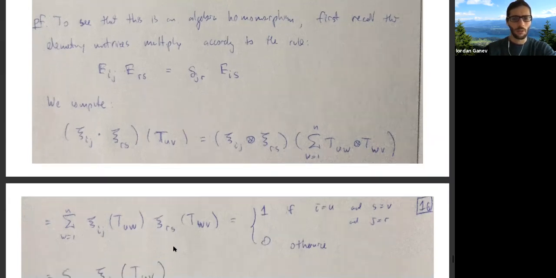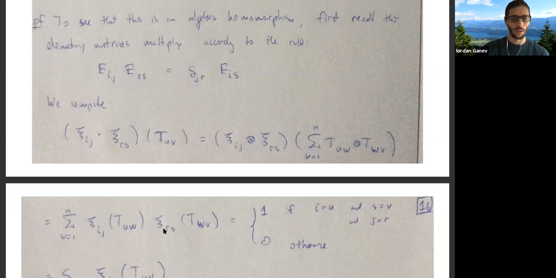And now here, if we go back to the definition of these x_ij's and the x_rs's, there are some partial derivatives. So we check what those partial derivatives do, and it's pretty straightforward to see that this is 1 if u is equal to i, so if these two indices match, and s is equal to v, so if these two indices match, and j is equal to r.